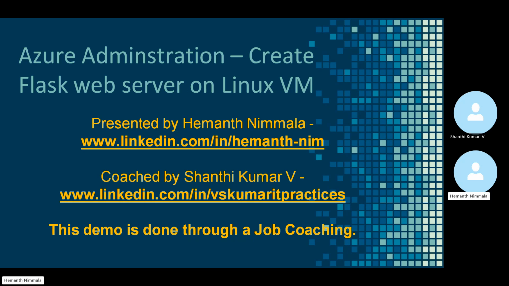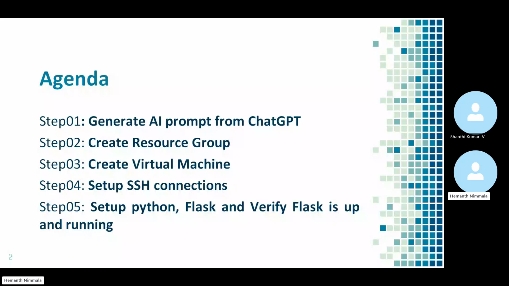So as part of this walkthrough, I have captured the AI prompts that would be helpful to set up, configure, and install the Flask web server. Along with that, I have captured some steps that we will be performing on virtual machine on Azure cloud portal as well.